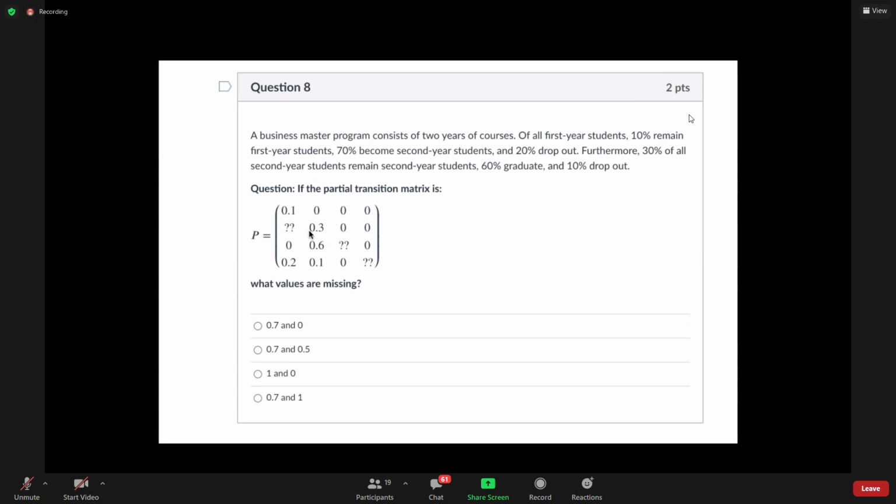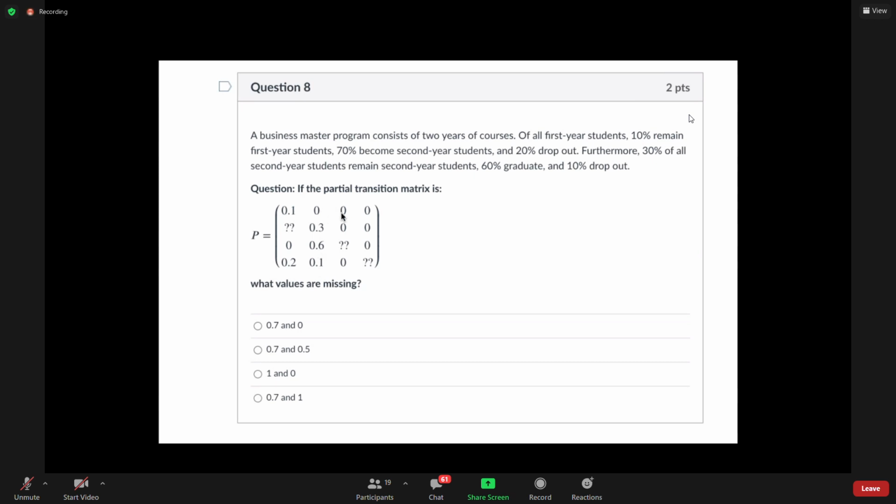Remember that this is connected to the fact that 70% become second year students. Okay, so this is the second year student line. 30% of them remain second year students. 60% of the second year students graduate and only 10% drop out.